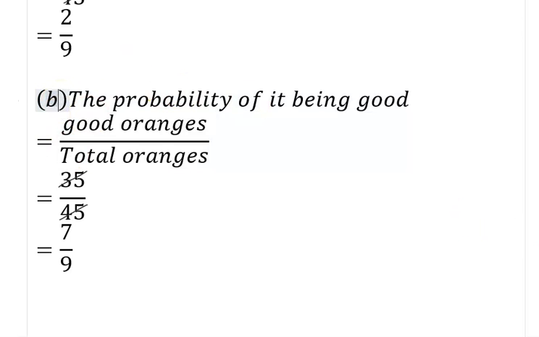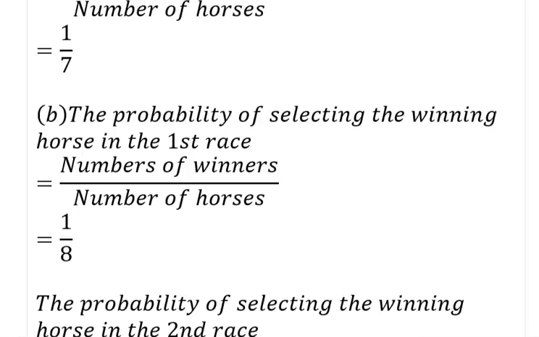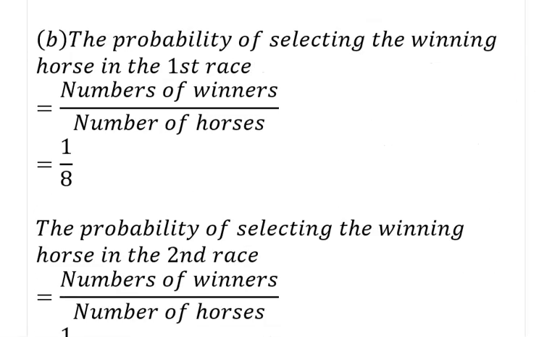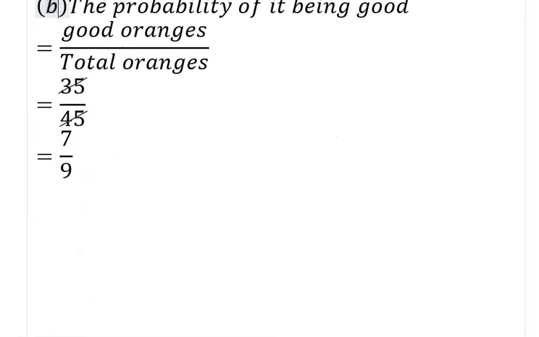Now for C, the question is asking us for bad and good. If you are saying "and", it means multiply. Bad and good.